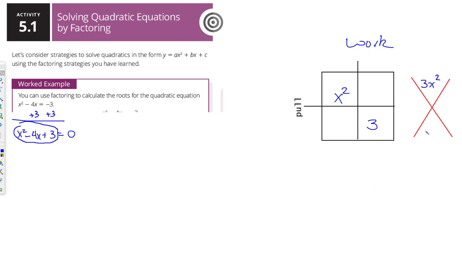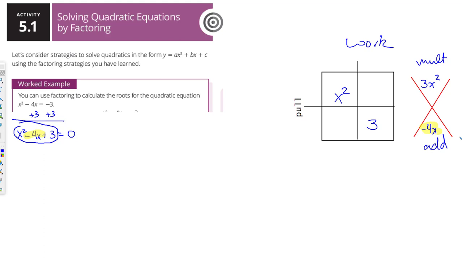What will they sum up to be? It will match that spot. Negative 4x. And this is always the multiply. This is always the add. So what will multiply to give me a 3x squared that will add to give me a negative 4x?